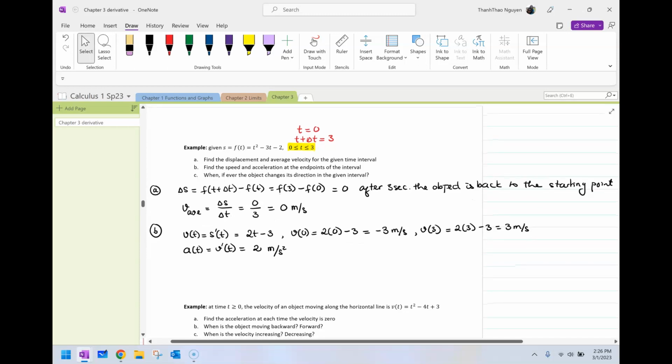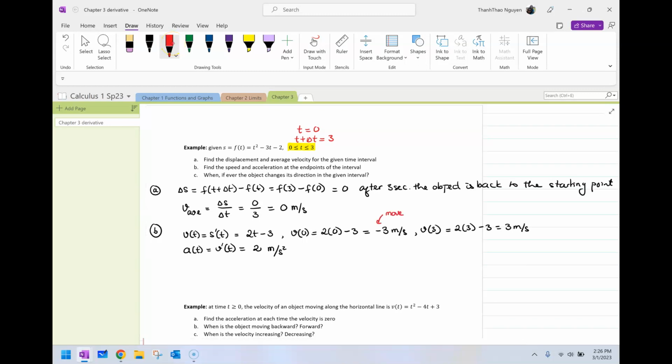So the question is, it looks like the object starts out moving backward, or in the negative direction, and then moves forward, in the positive direction.